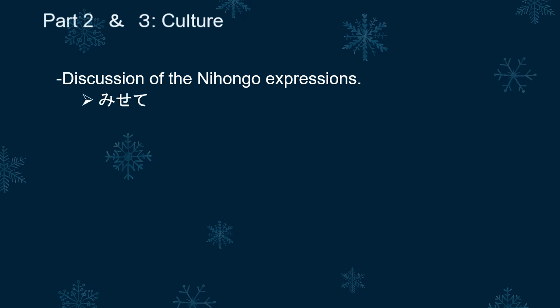And here, you're going to introduce the Nihongo expression misete. Even though they are not yet finished, you can actually introduce these Nihongo expressions. After saying misete, you can give your impressions of their cards like kawaii. Then ask them what they think the meaning of kawaii is.